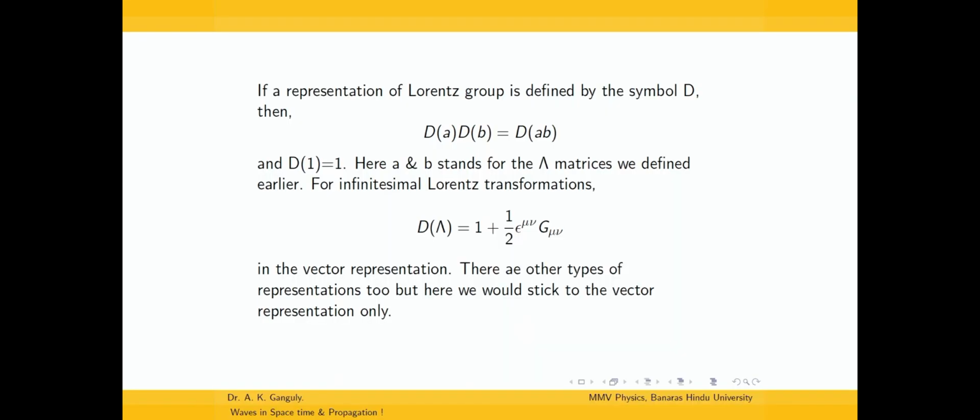And if from this relation I have to get this result consistently, then we should better have D of 1 equal to 1, because if we have a look at this expression, if we set B to be equal to 1, what we realize is D of A equal to D of A, and that is a trivial, but an important relation at this stage.